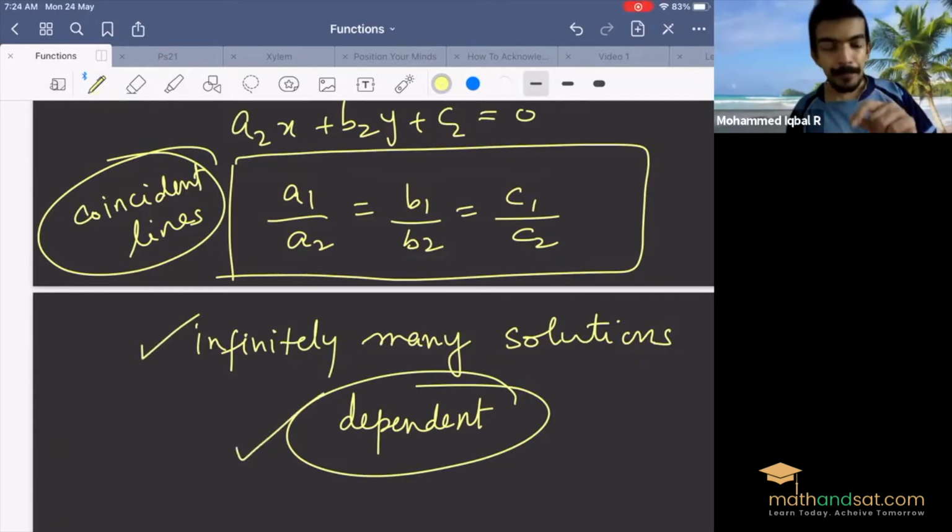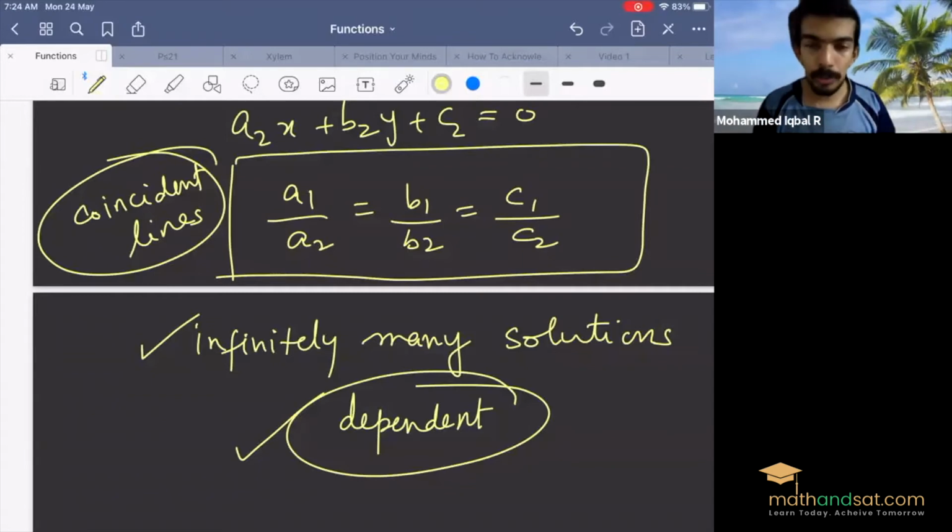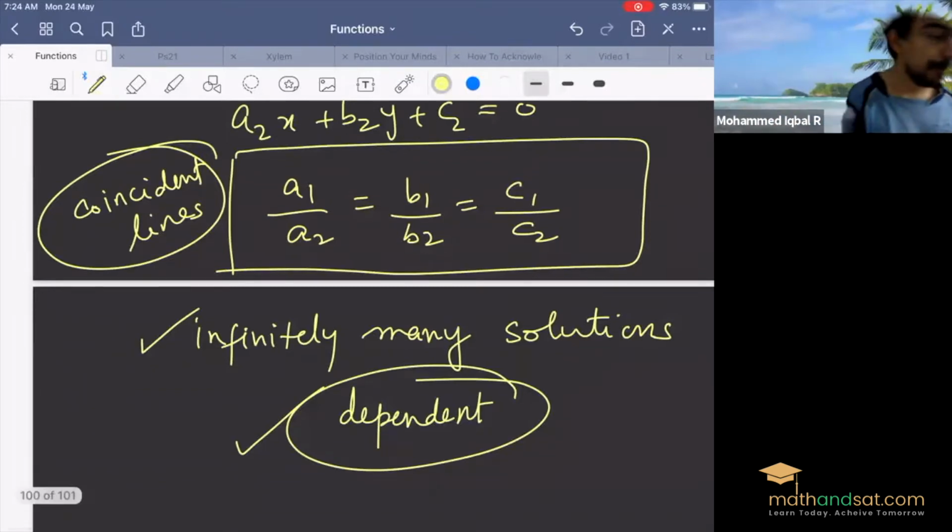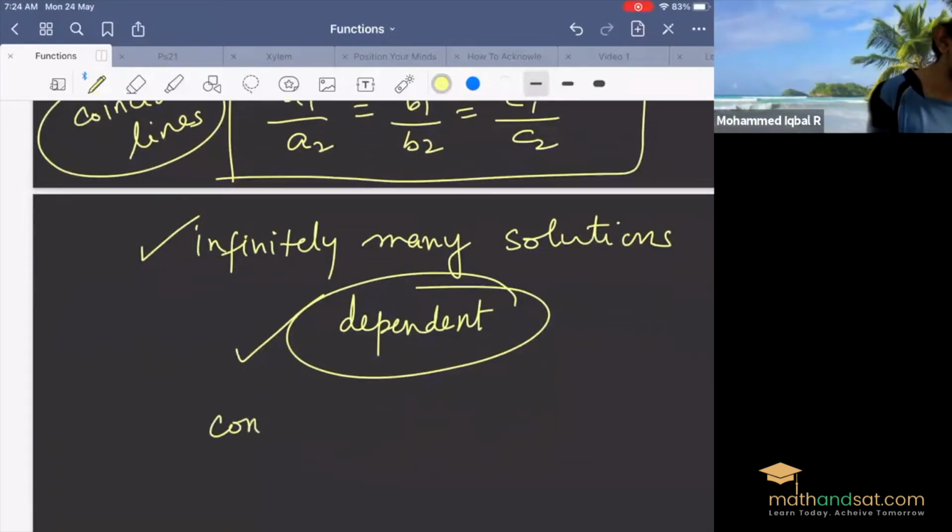And by the way, the technical math term for having a solution to a system of equations is consistency. If I say that a system of equations is consistent, it means it has a solution. So another term is consistent.